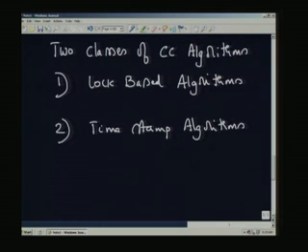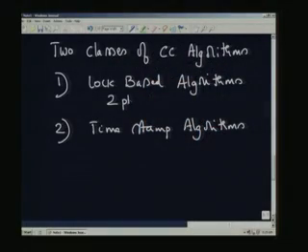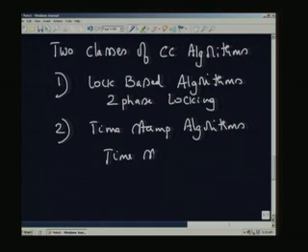We are going to look at one log based algorithm, the most popular one, called the two phase locking algorithm, and for the timestamp based class, we look at the basic timestamp based algorithm. One belongs to the pessimistic class and the other belongs to the optimistic class.